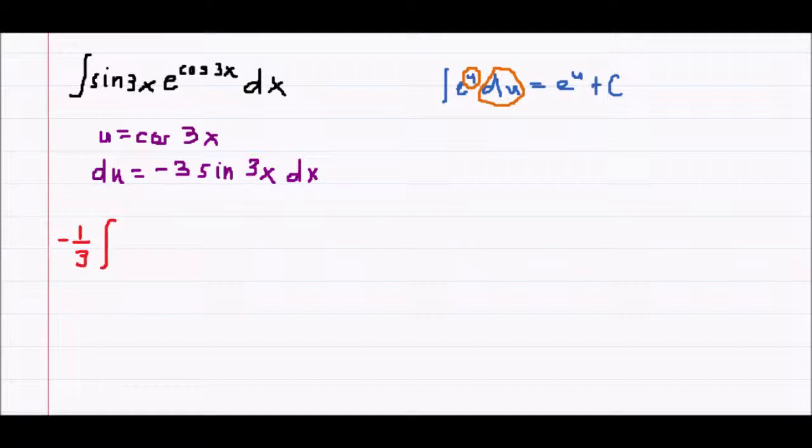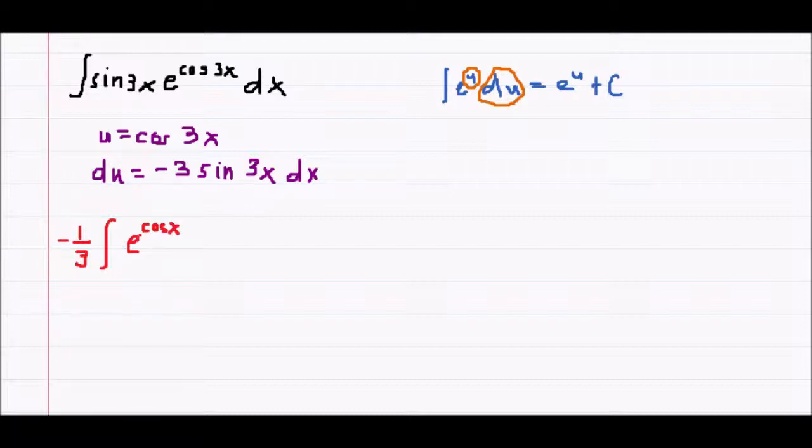So we could write now our integral, similar to the arrangement in our formula. This e to the cosine 3x is our e to the u.